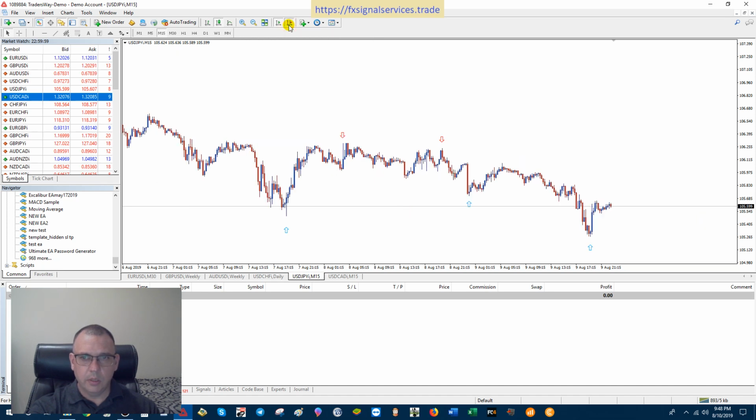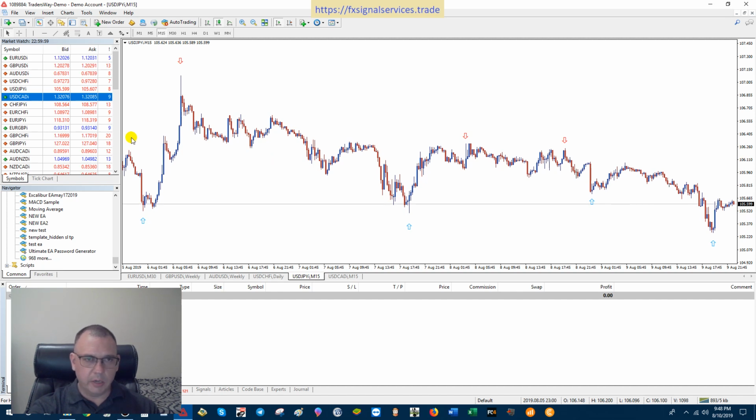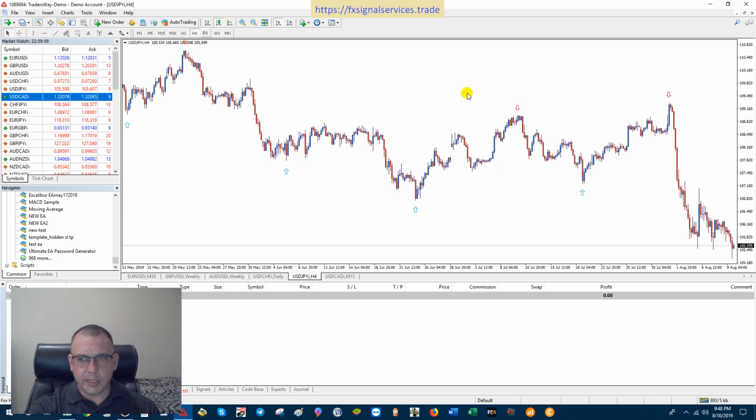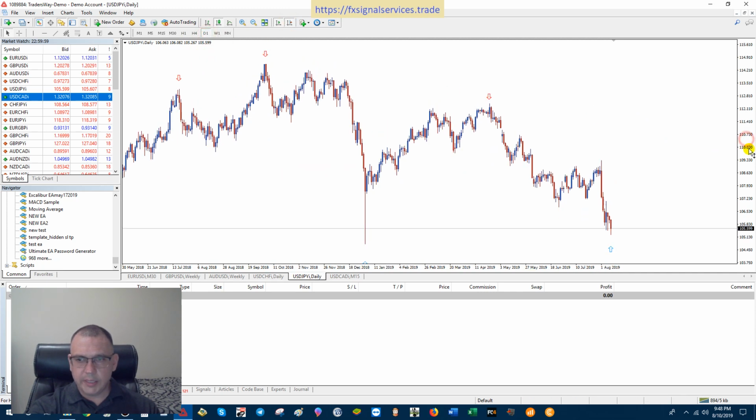All right, so looking at USD Japanese yen, we see kind of the same effect. It ended pretty much where it started, and it's been in a range of market. Now if we look at the H4 and the daily, we see that it's definitely wanting to go into uptrend, right?